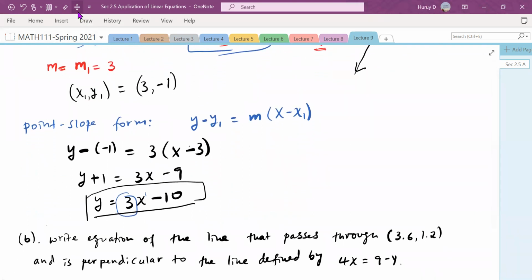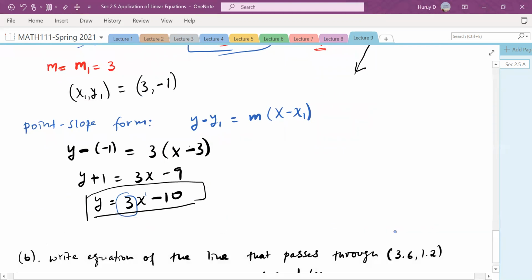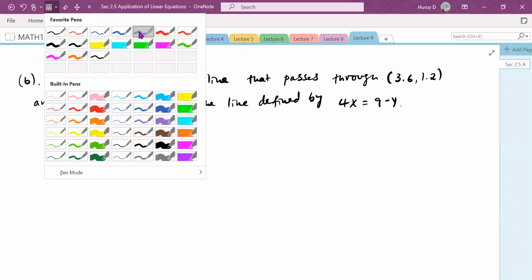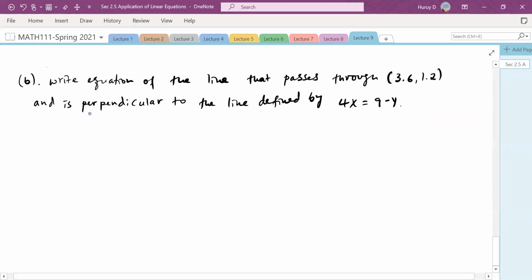And another question is, how about if we have perpendicular lines? Let's see, x1 comma y1 is 3.6 comma 1.2.